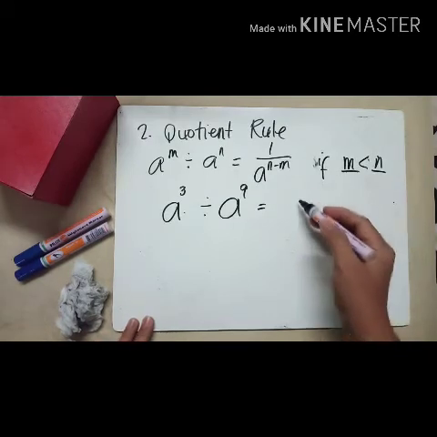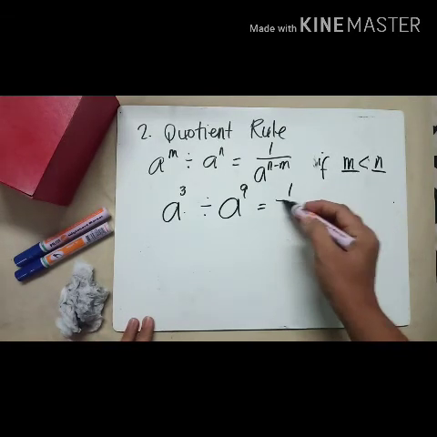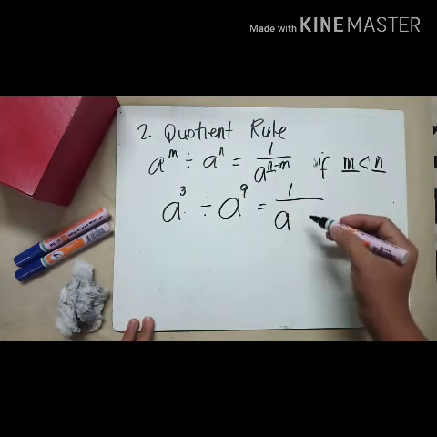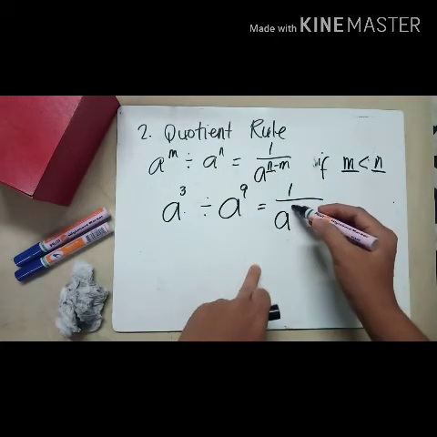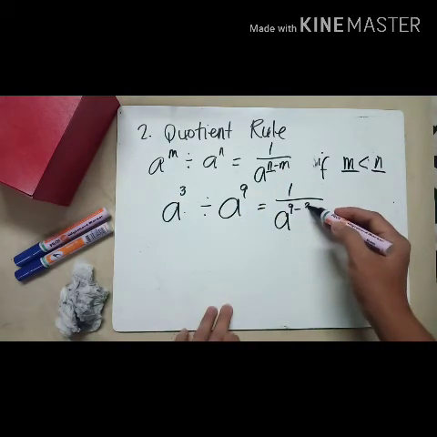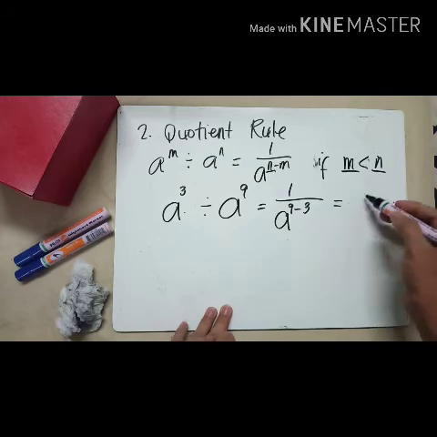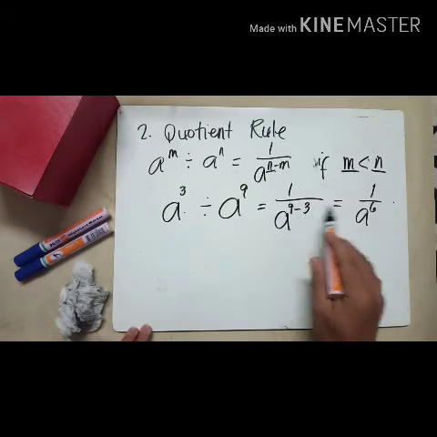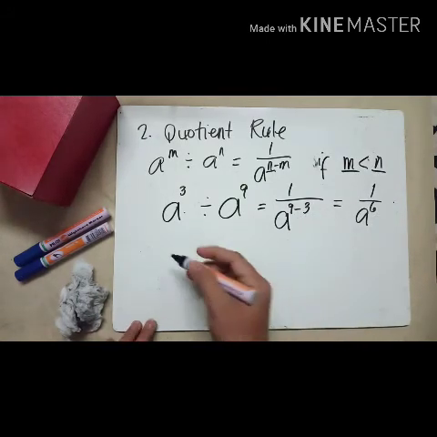So that will become 1 over a raised to the power of n, which is 9, minus m, which is 3. So that will become 1 over a raised to the power of 6. So 9 minus 3, that is 6.